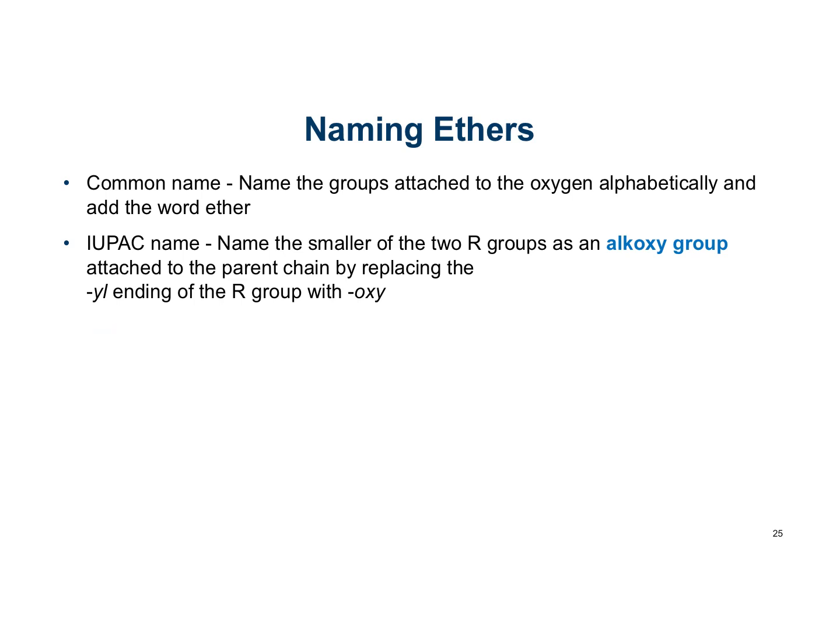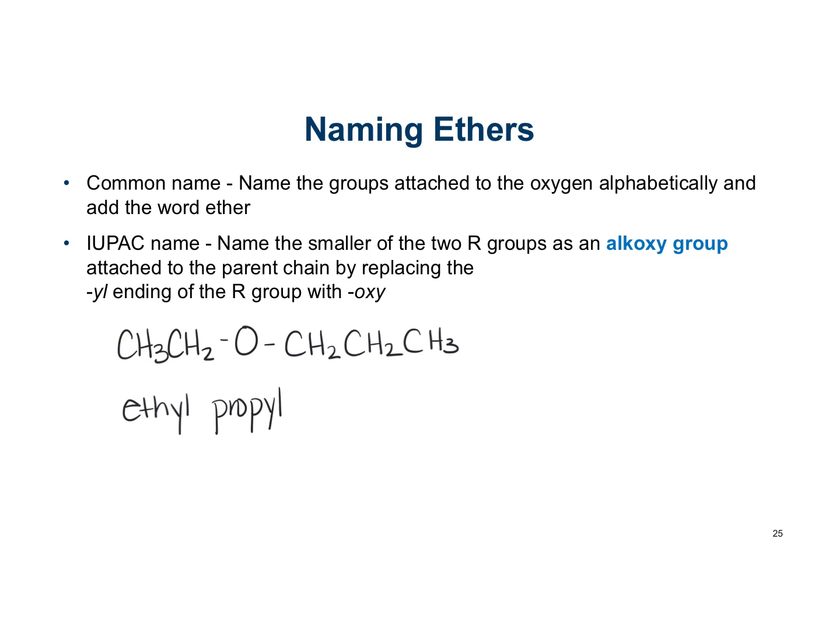If we look at this molecule, we would name these substituents and then put them in alphabetical order. So one is ethyl and one is propyl, and so it would be ethyl propyl ether, and we put ether at the end there.